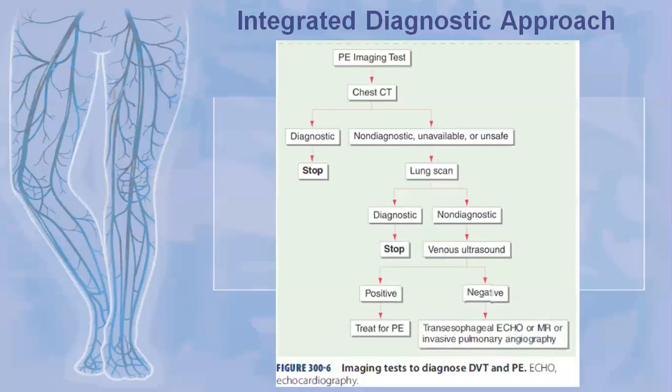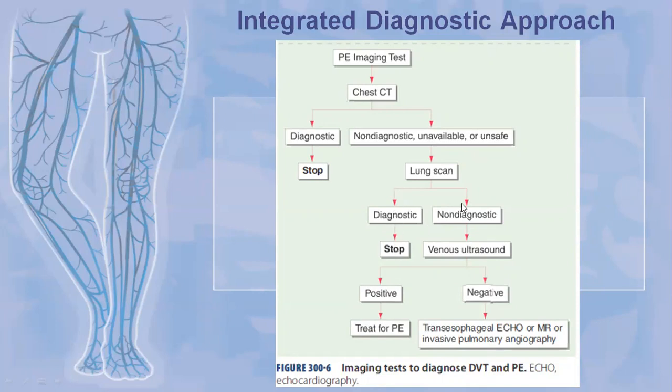For pulmonary embolism, your imaging test of choice is chest CT with IV contrast. If it's diagnostic of PE, then you stop and initiate treatment. If it's non-diagnostic, unavailable, or unsafe, perform lung scan. If it's diagnostic, you stop and initiate treatment.